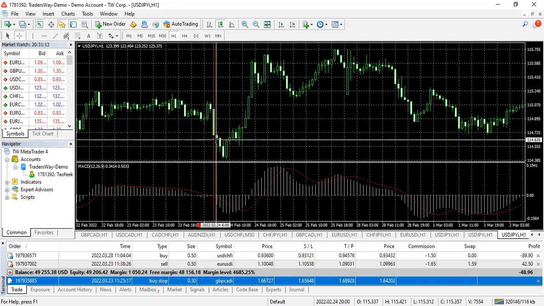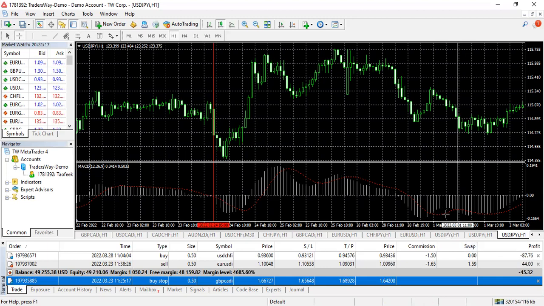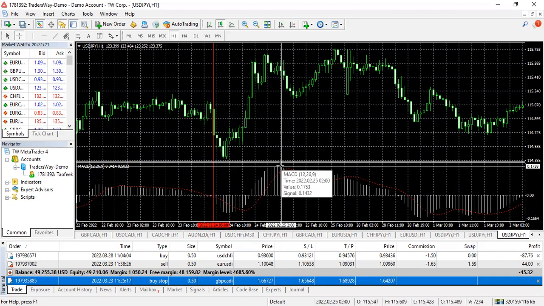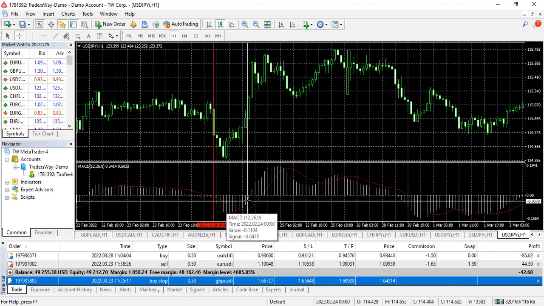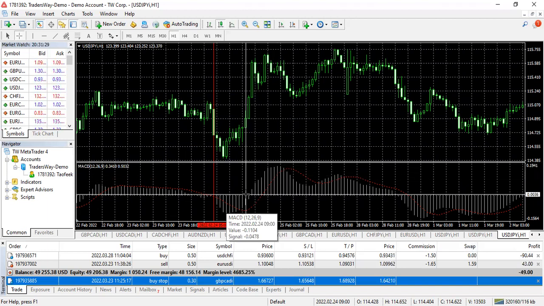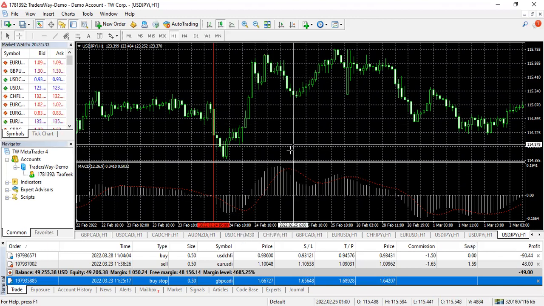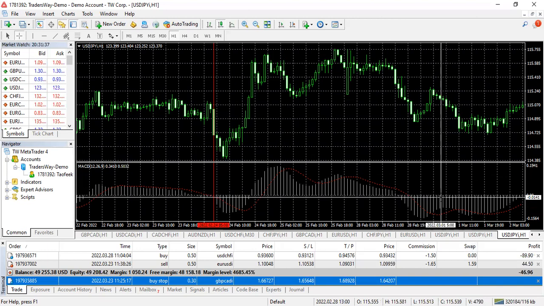But in this case, the market reversed, and it hit down here before it started reversing back up. As the market starts reversing, can you see we are having high momentum. So it goes along with the trend in the market. Can you see here, the market comes down, the momentum reduces here. Can you see it going along with the trend?